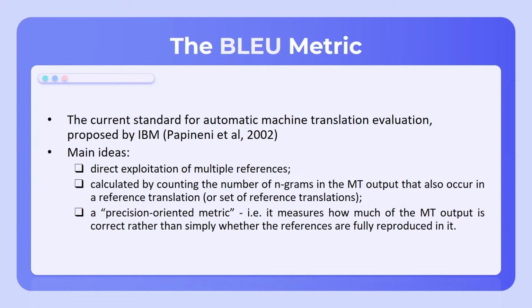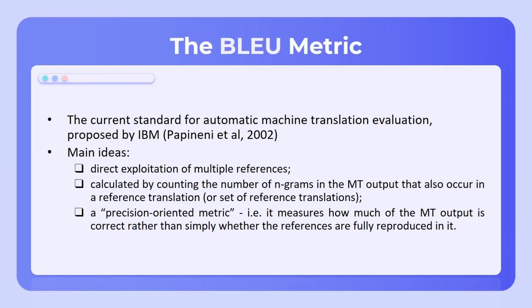As for the current standard for automatic machine translation evaluation, we generally refer to the BLEU metric. It was proposed by IBM in 2002. The main ideas it contains include direct exploitation of multiple references, and it is calculated by counting the number of n-grams in the MT output which also occur in the reference translation or a set of reference translations.